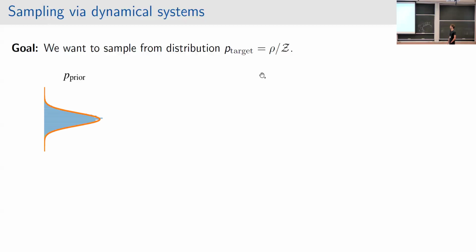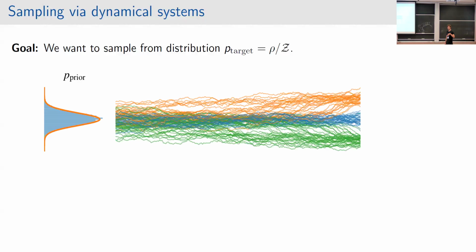And the key idea is basically to start the sampling with an easy prior distribution, for instance, a Gaussian, and then let some evolution, some dynamical system basically evolve until a terminal time. And I want that at terminal time, my process is distributed according to the prescribed target density.